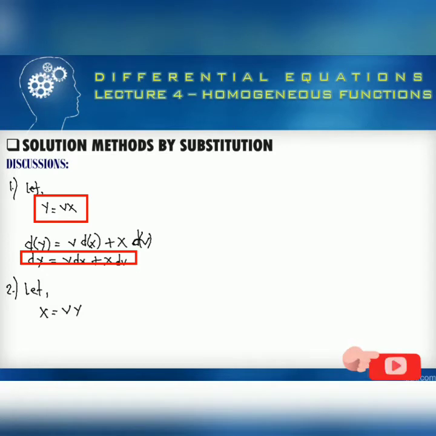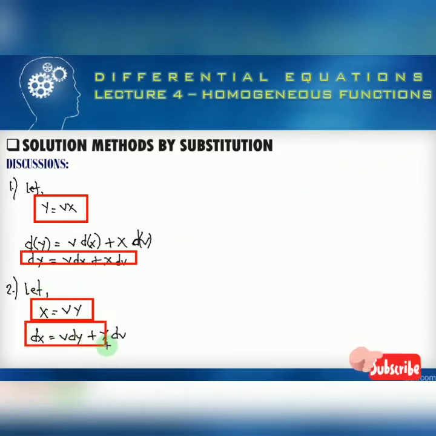This is now our second method, and we take the derivative of this: dx is equal to b dy plus y db. Take note of this one because we can also use it in our future calculation.